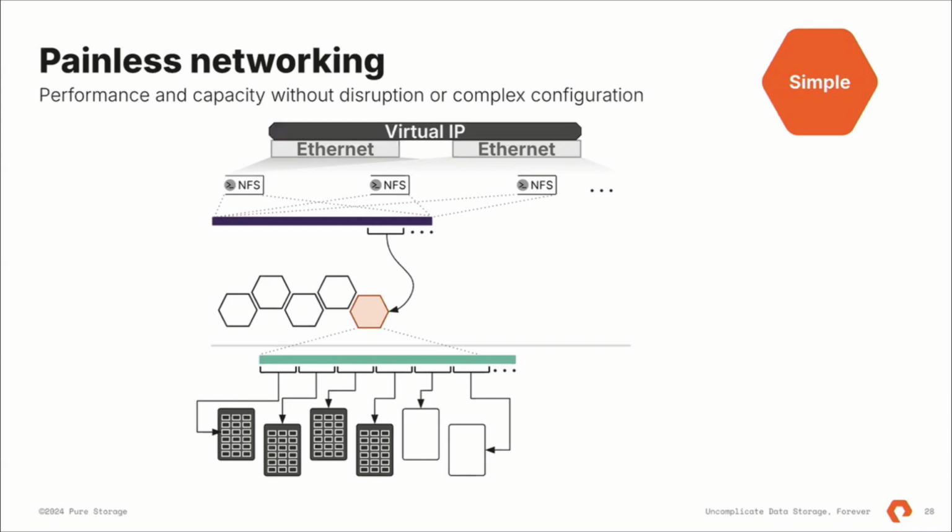And then on top of that, what we do is we virtualize, in effect, the IP of that storage cluster. Now, what that means is that from a client's perspective, you specify one IP, and we're going to distribute the connections across the blades in the system.